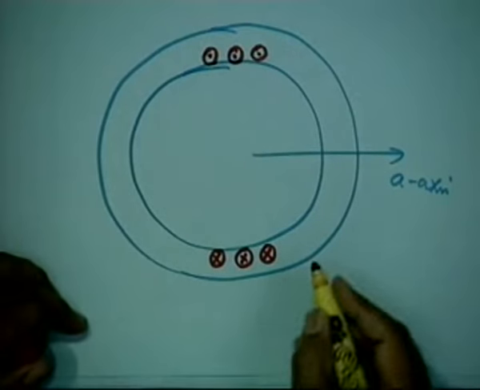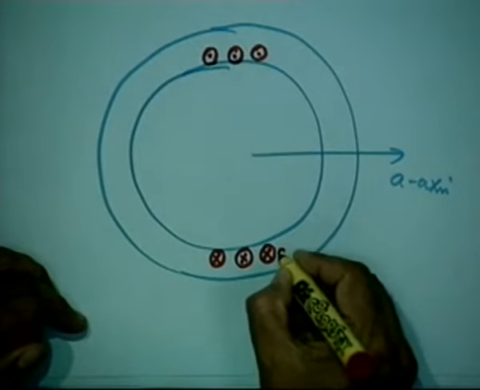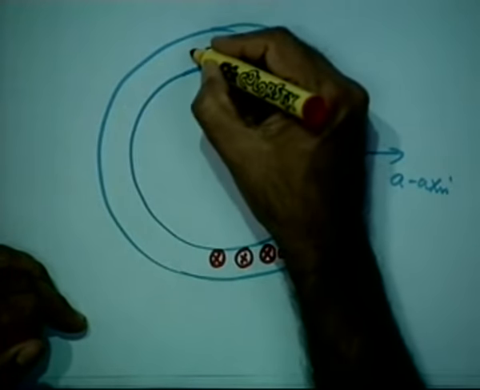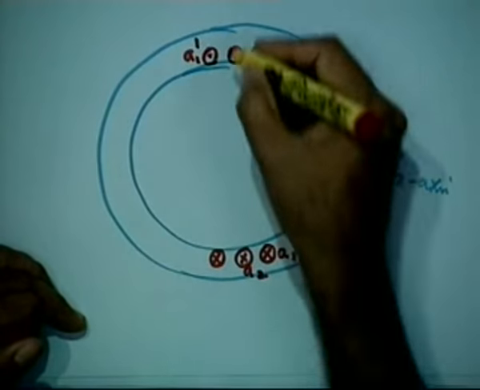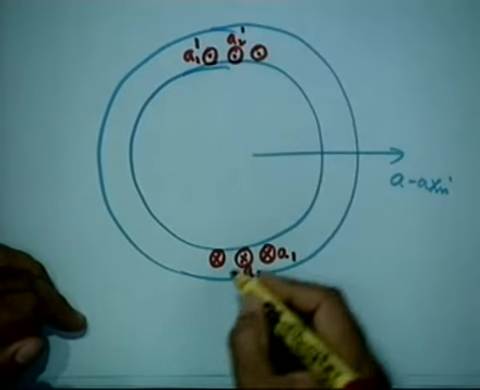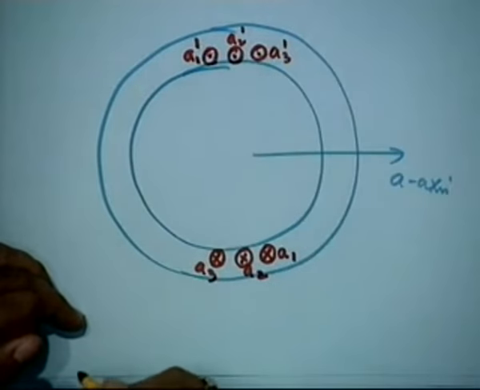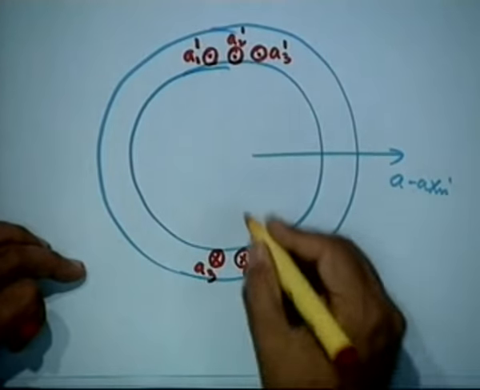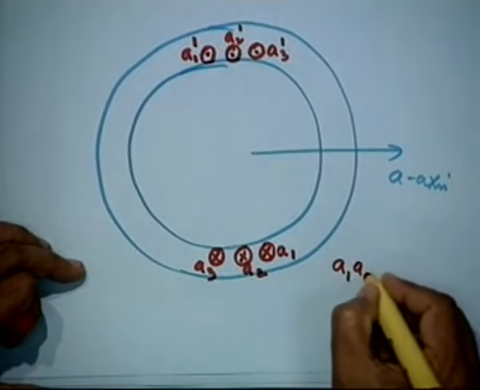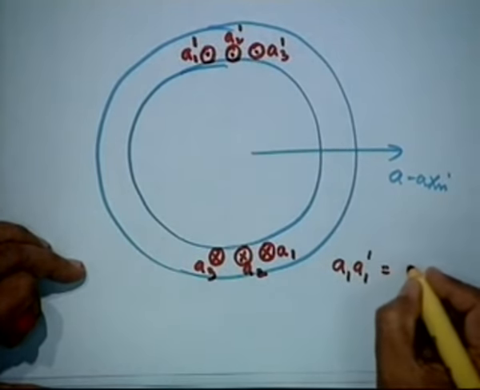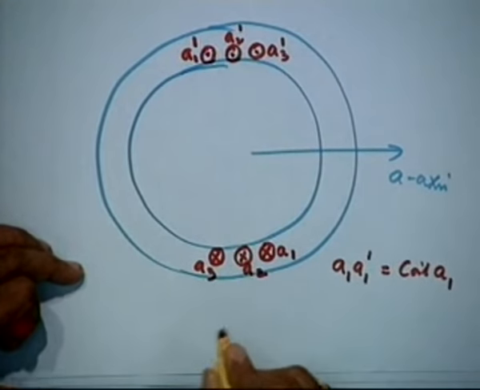Okay. So I will call this as A1 dash, A2 dash, and A3 dash. Okay. And you will find that all are full pitch, meaning A1 dash is full pitch. Let us call it as coil A1, right.